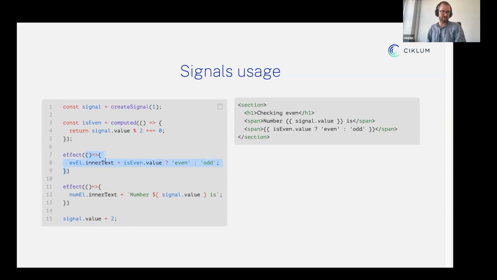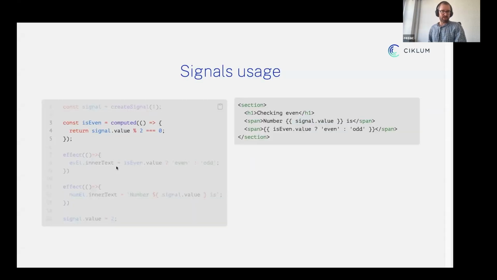It just doesn't create another signal. It just executes this callback whenever the value changes. So then this even element has its text overwritten whenever this value changes, and the other changes the number itself from the non-derived or non-computed signal.